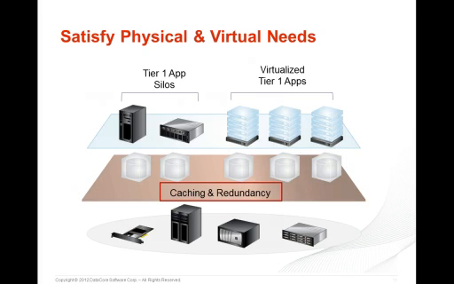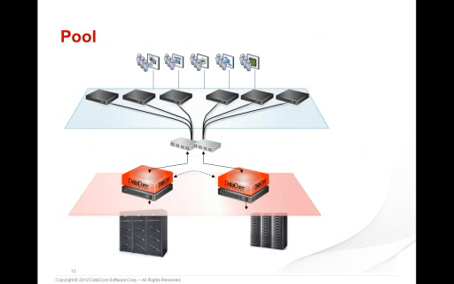So how would that look? In a traditional DataCore environment, we would have our application servers and we would have a SAN fabric. Now that fabric can be fiber channel, it can be iSCSI, or it could be a mixture of both. It could be that our normal tier 2 apps don't need the performance of fiber channel.